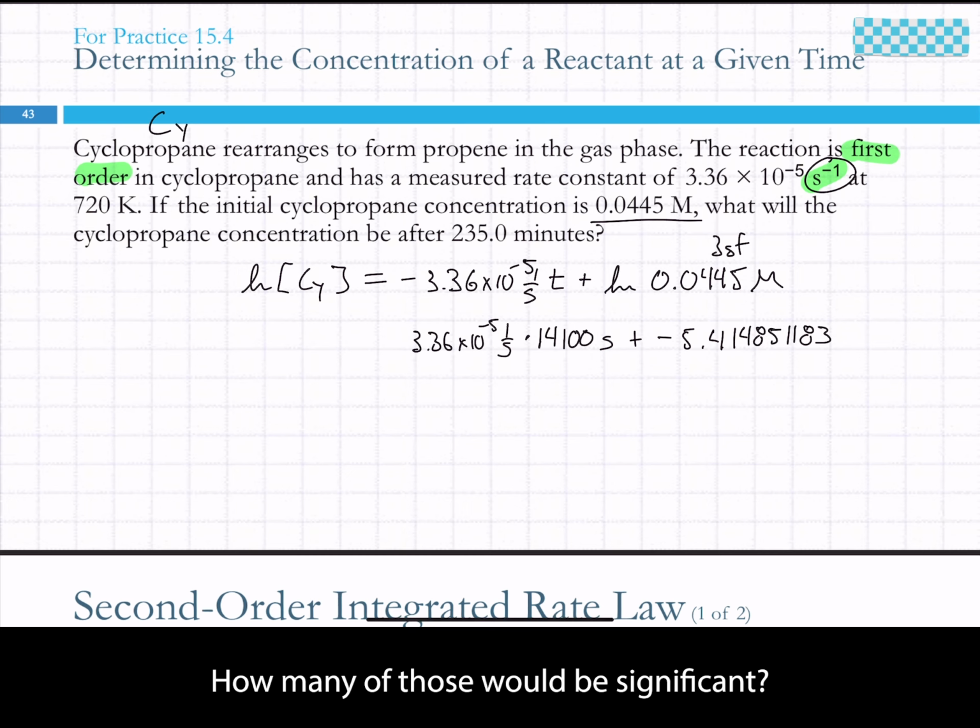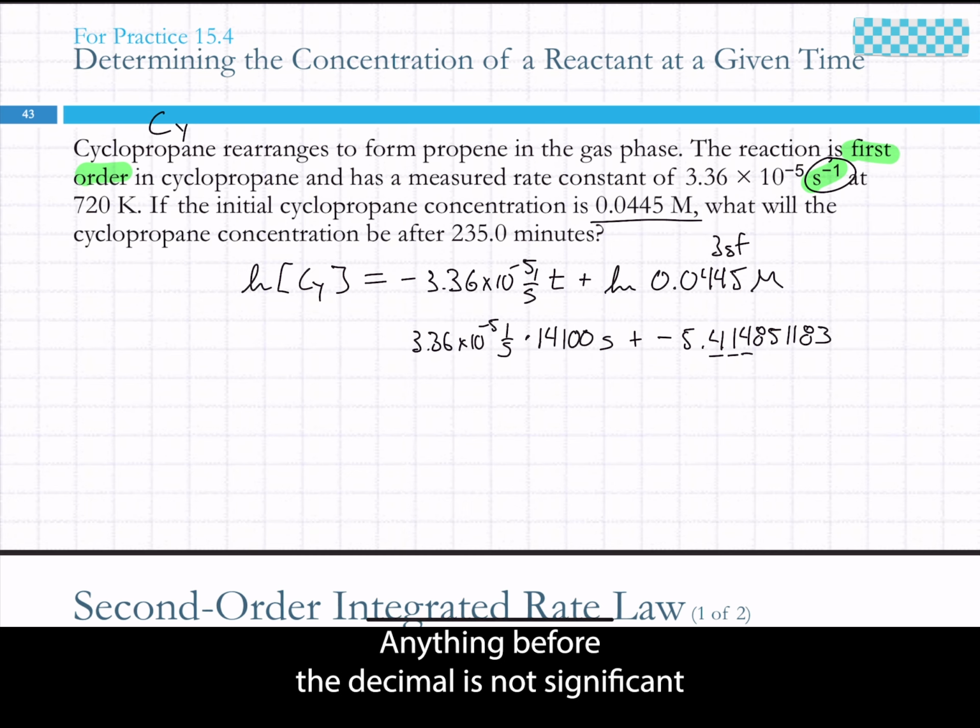How many of those would be significant? The first 3 after the decimal. So I start here, the 414, those are significant. So that's still 3 sig figs. But because I took the natural log, anything before the decimal doesn't get counted for sig figs.